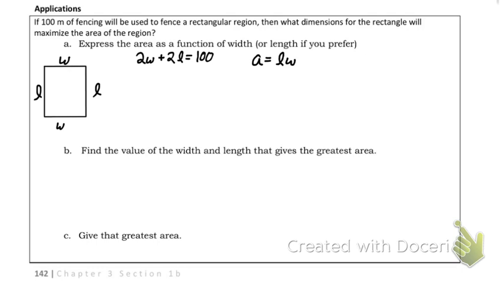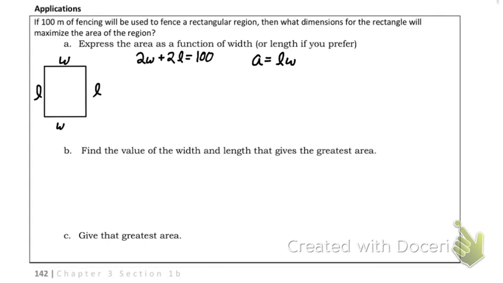Well, eventually I need to get to area. Area is length times width. But I need to get there from here. So what you're going to do at this stage, and it's up to you on every single one of these problems, is solve for one of these variables. So I want this to end up being L equals something, and then I can plug that in here.